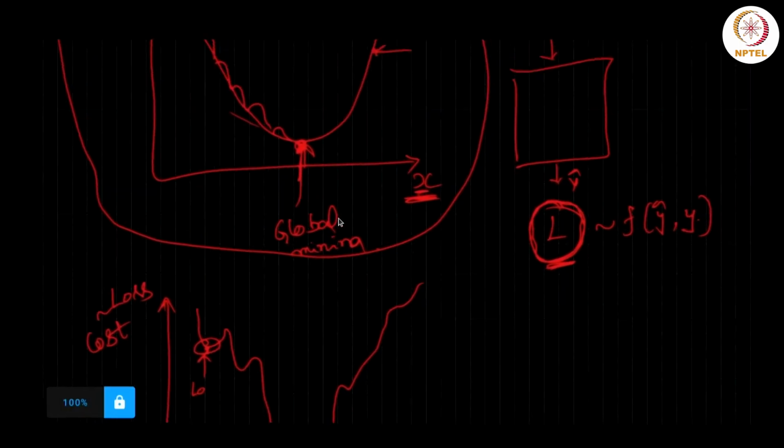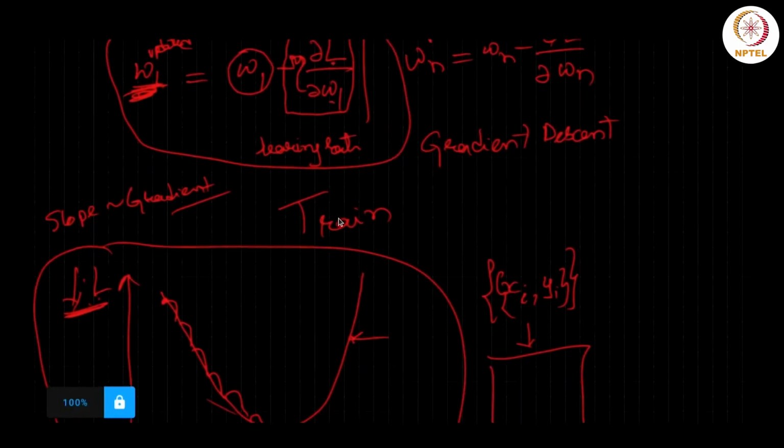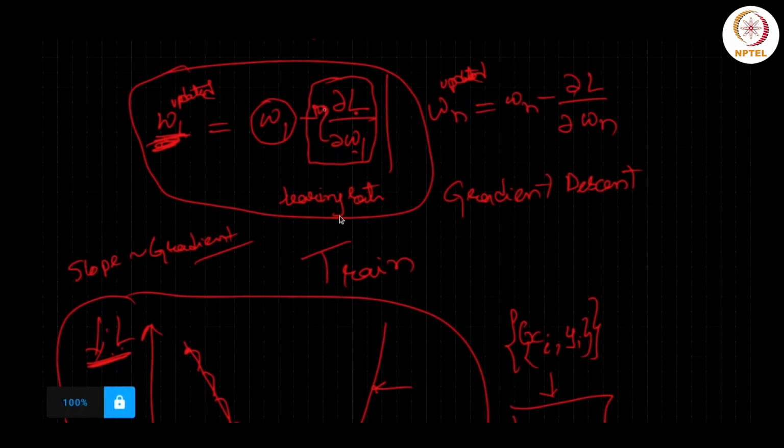All right. So here we had also looked that we are adding some weighing factor eta. We are not simply saying W1 minus dou L by dou W1. We are saying instead we'll weigh it by certain factor called eta, also known as learning rate.